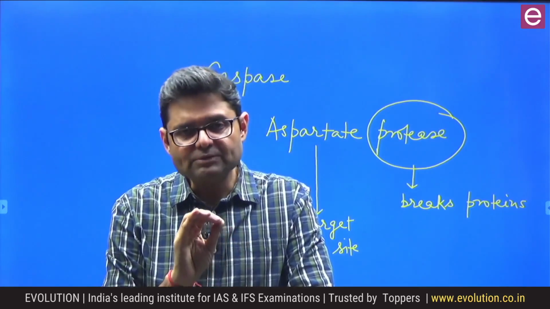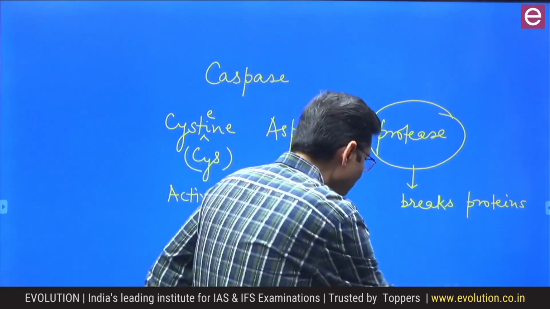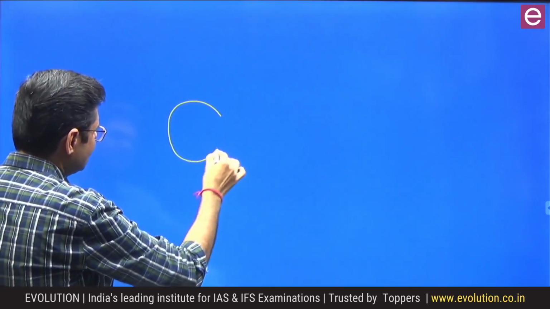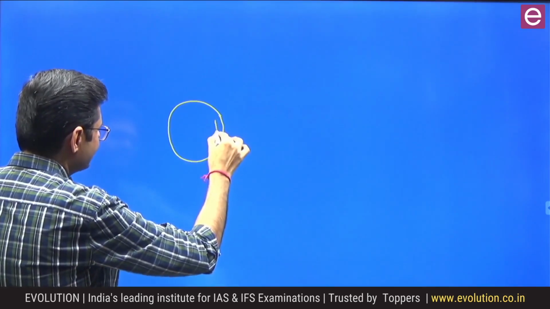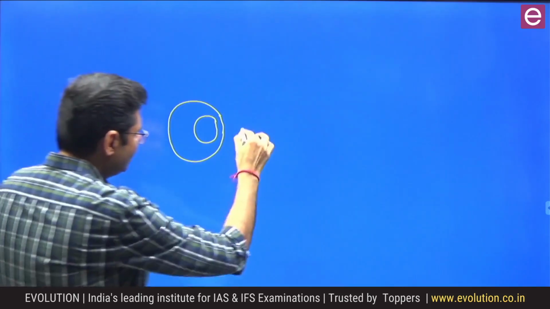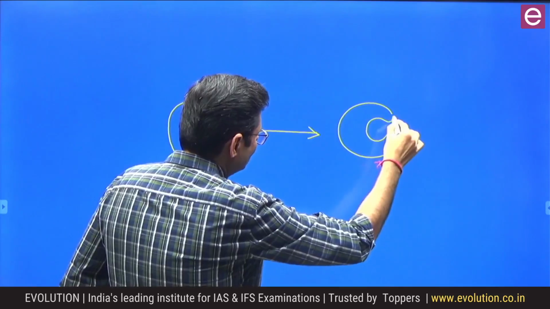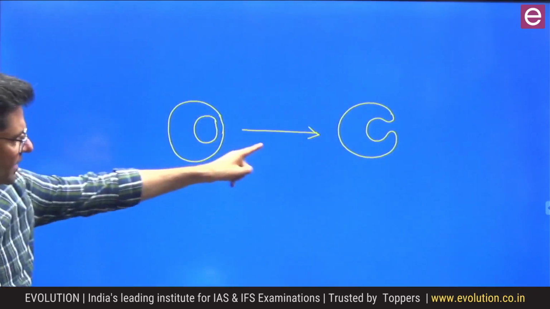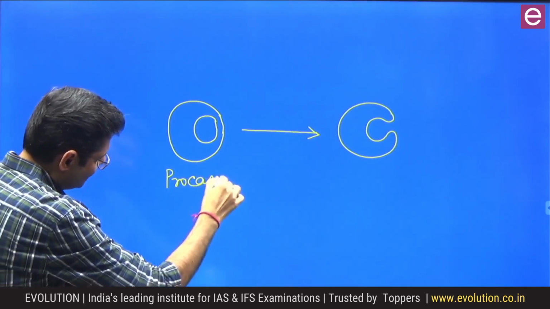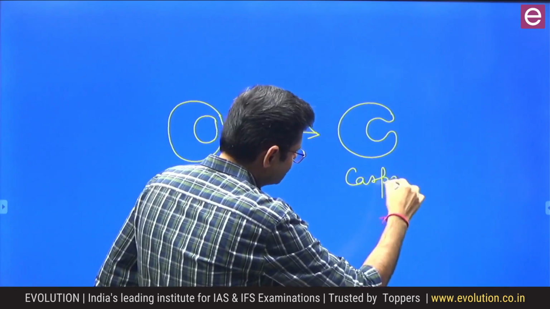So let's say if this is a caspase enzyme, it itself needs some cutting to be an active enzyme. Do you see there is some cutting? So this structure is called procaspase and this is called caspase.